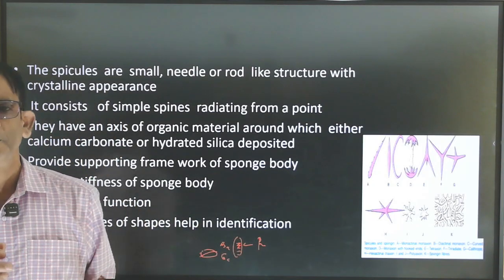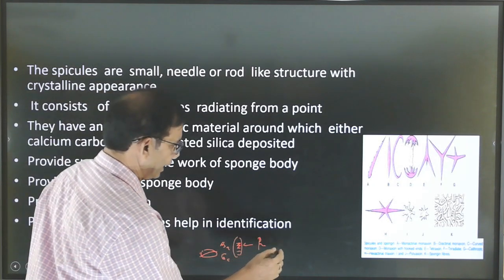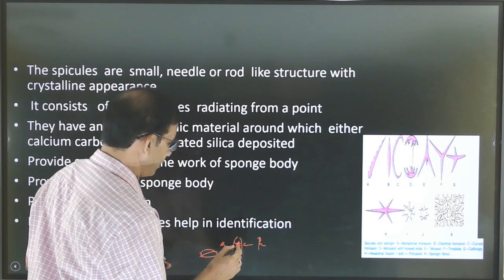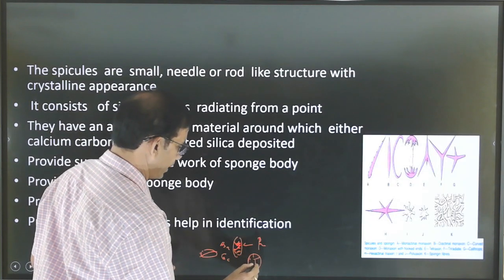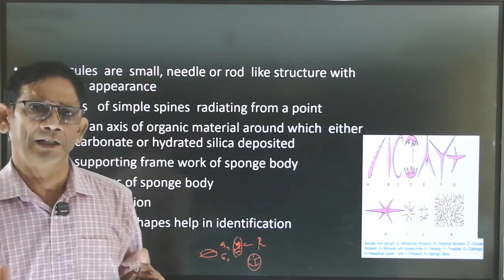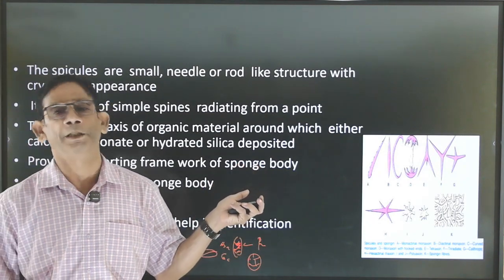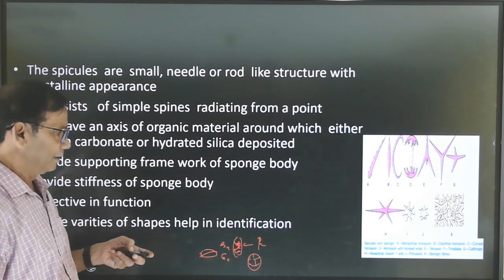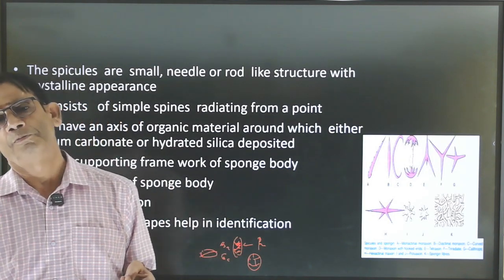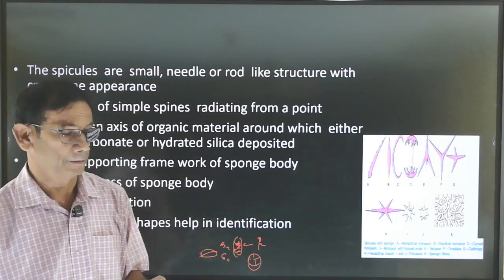So it also gives the appearance of stiffness, and ultimately it supports the total skeletal framework of the body. We have a skeleton, but in the case of sponge, skeleton is absent and spicules are present. Again, due to the presence of various types of spicules, we can identify various types of species.